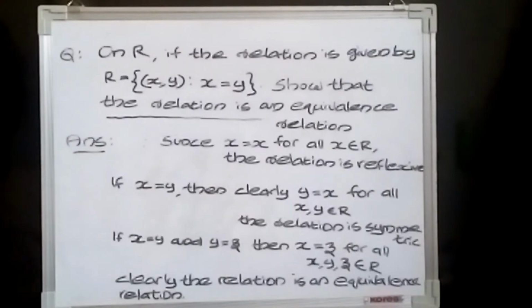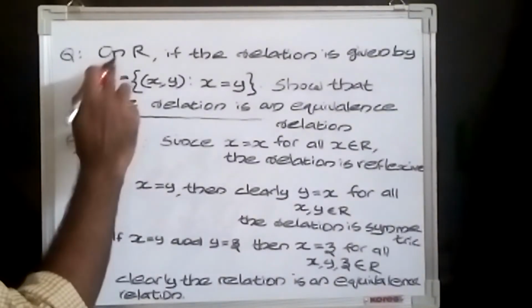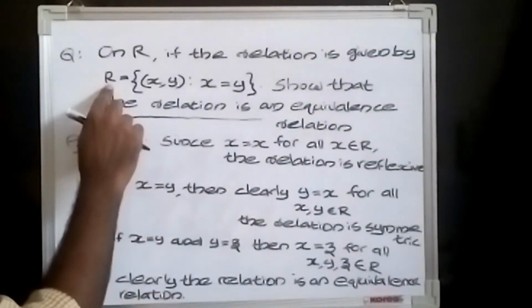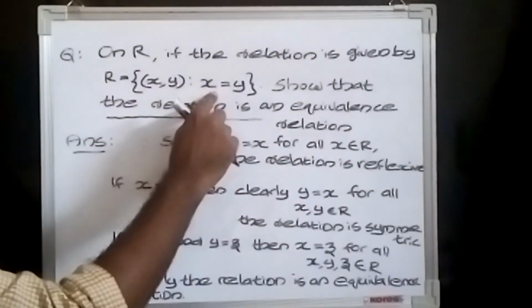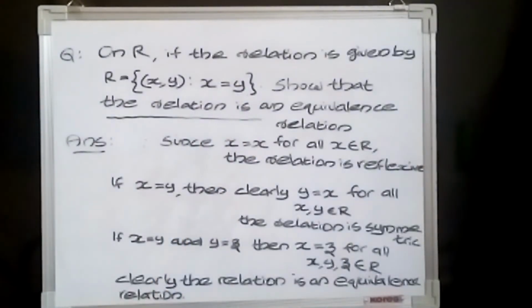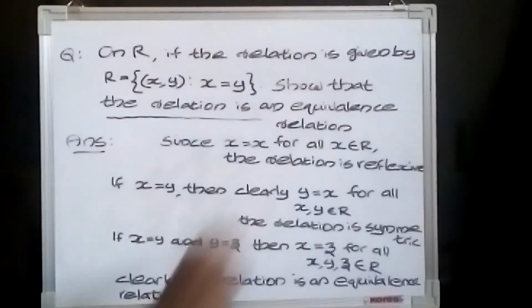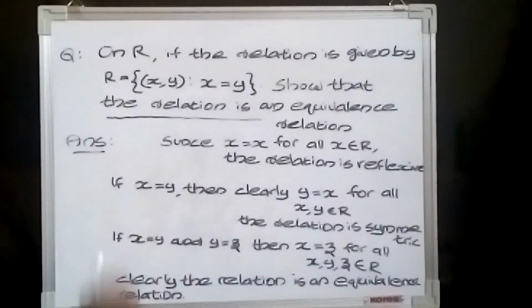Let us solve a similar problem. On the set of real numbers R, the relation is given by R equal to the set of all (x, y) such that x equals y. Show that the relation is an equivalence relation. It is similar to the above problem. Since x equals x for all x belonging to R, the relation is reflexive.